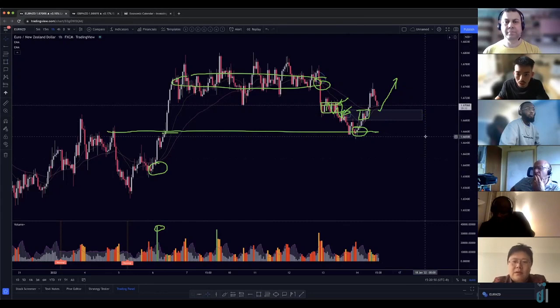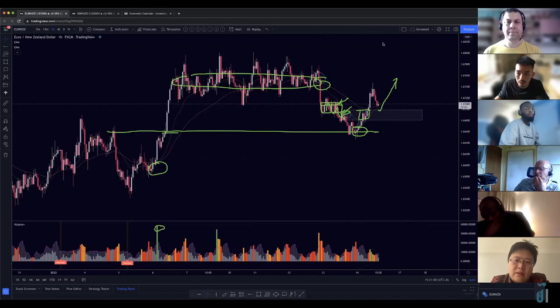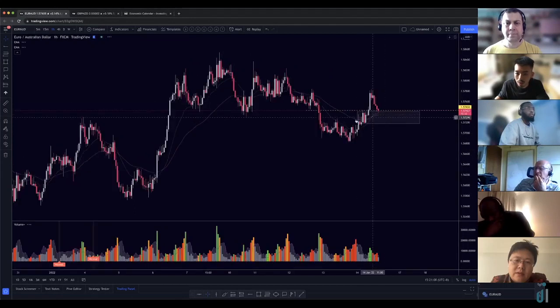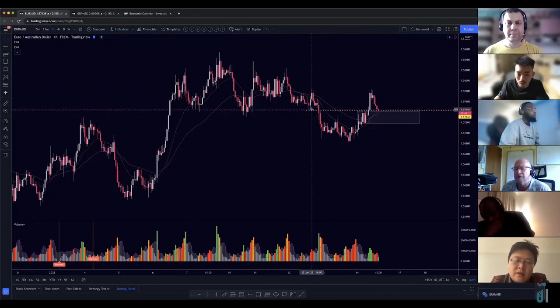Yep. So this looks pretty similar to what we had on Euro Aussie. Now you can see a slight difference here, just very slight. So just mark this. Euro Aussie has shown the release after making this down push here, right?